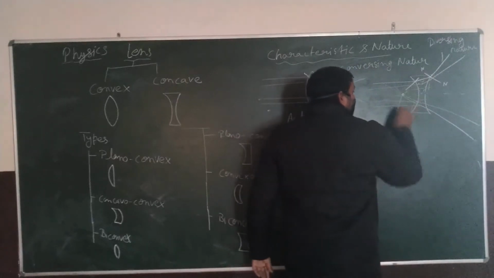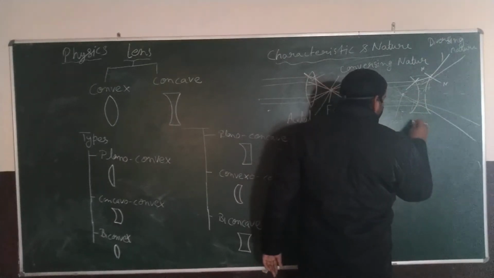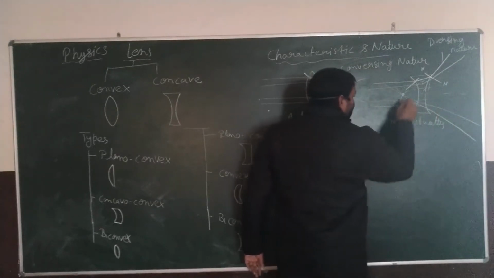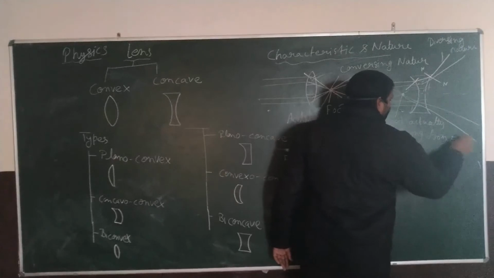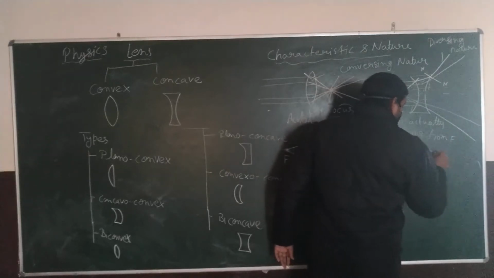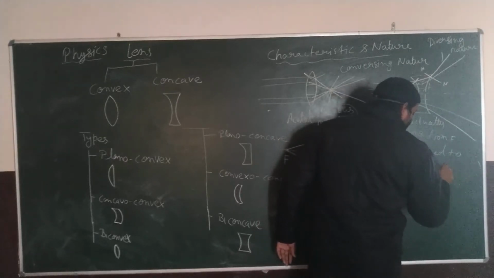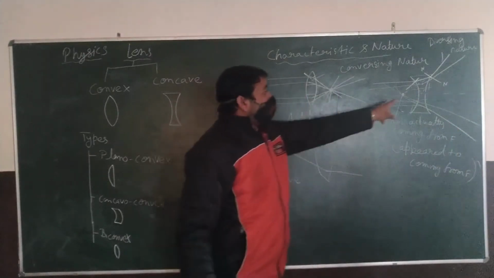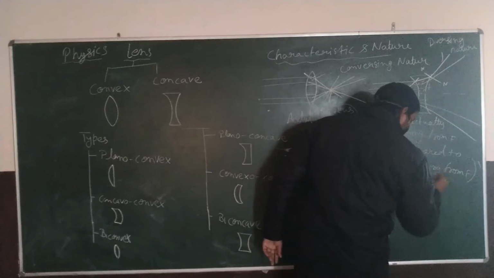So this is not an actual meeting, they do not actually intersect, they appear to be coming from F. So the nature of the concave lens is virtual focus.